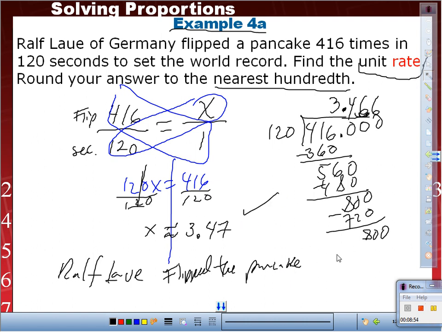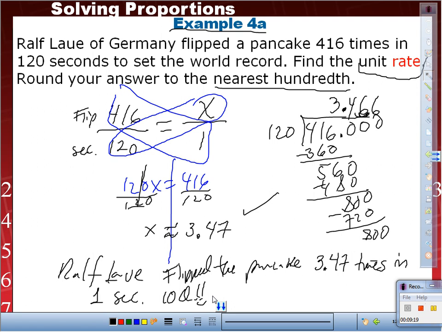Flip the pancake. 3.47 times in 1 second, 10 cubed. So that's 3.47 times, almost 4 flips in 1 second.